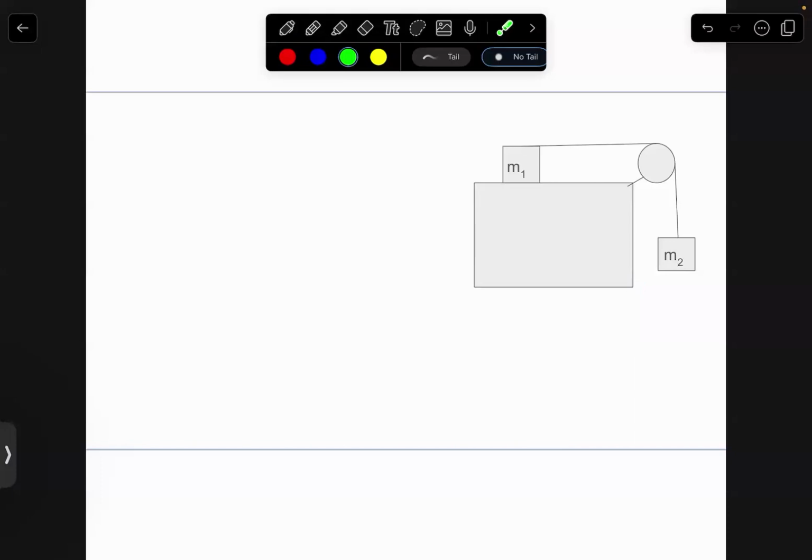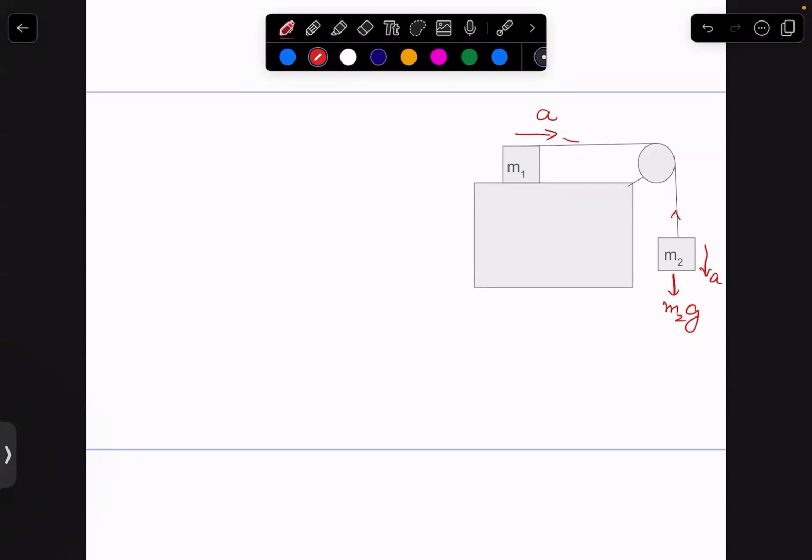Over the smooth surface, a block of mass M1 is placed. And there's this block of mass M2 suspended using a string over a pulley. So what will happen? You know that this will try to go downwards with an acceleration of A due to its weight. And because of this acceleration, this string here will also move with an acceleration of A. And obviously there will be tension over the string.